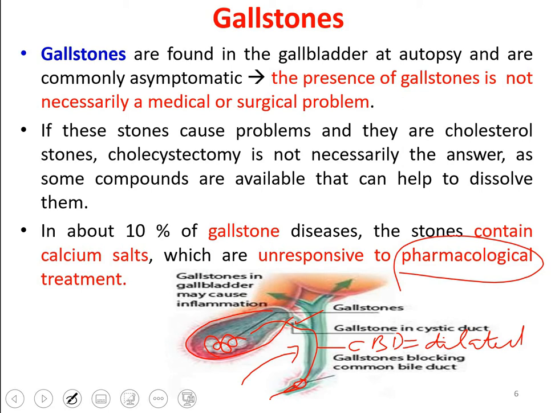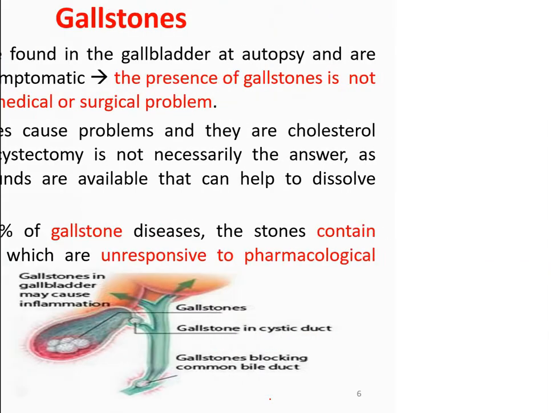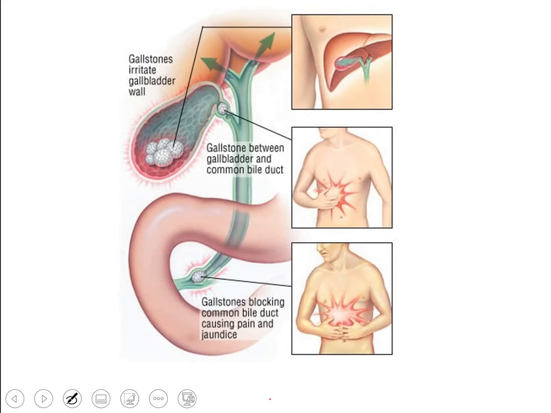So this is the diagram: if stone formation is in the cystic duct, or it may be in the common bile duct, then it can be dangerous. And if it goes further, care should be taken, because if the pancreas is involved, it is a very alarming emergency situation, because the pancreas is one of the vital organs.